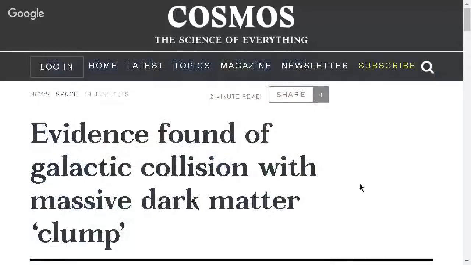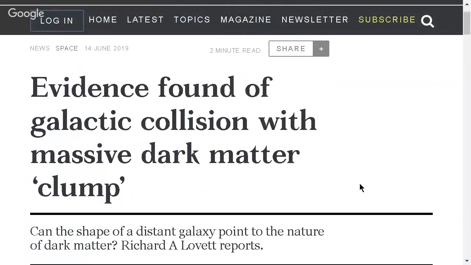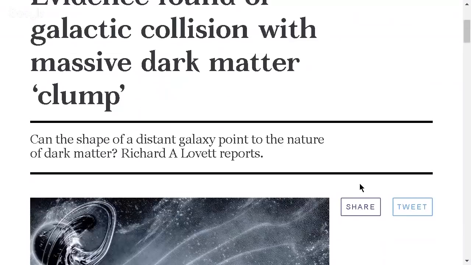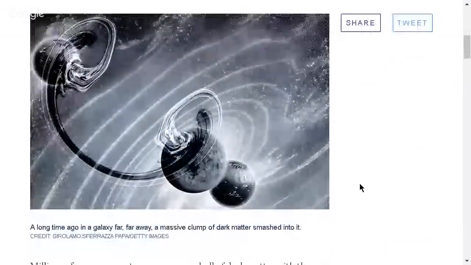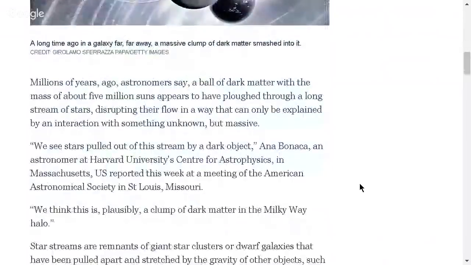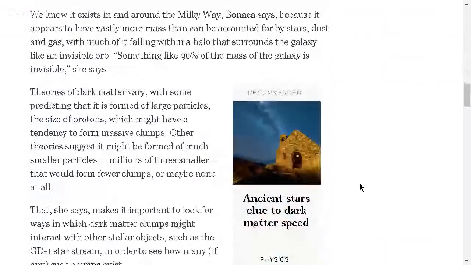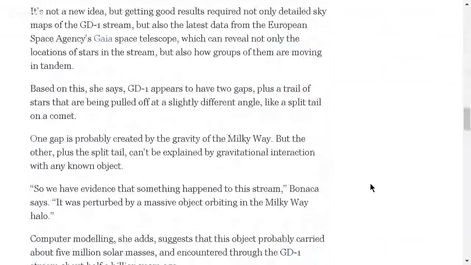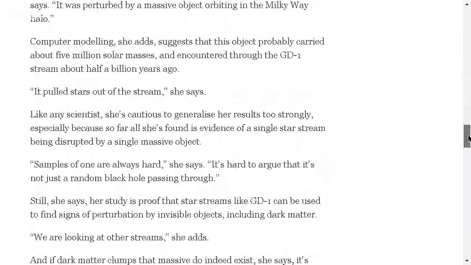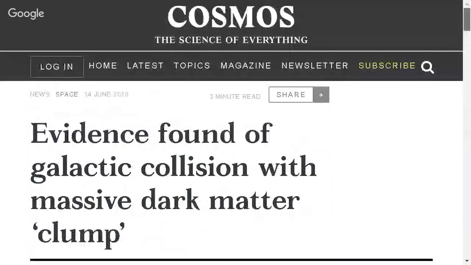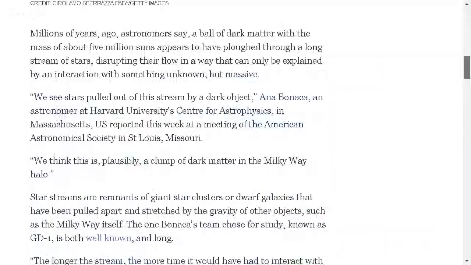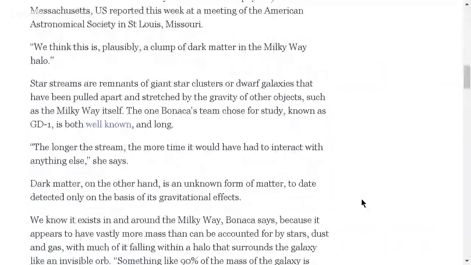Lastly, one more article. Evidence found of cosmic collision with massive dark matter "clump." Because when astronomers see something they don't understand in terms of galactic motions, they blame dark matter pretty much categorically. Anyway, this is about the stream of stars located in the Milky Way galaxy.